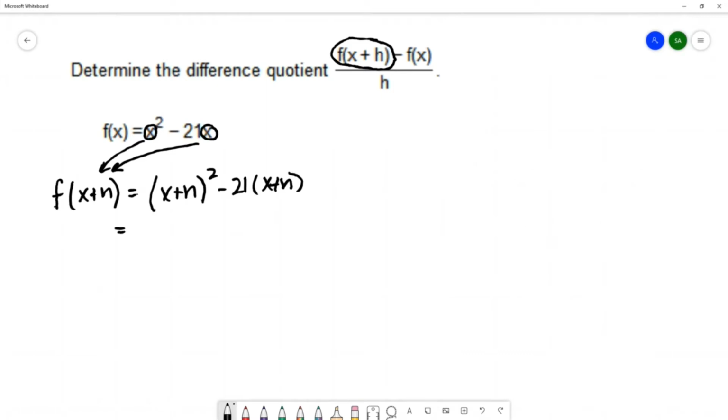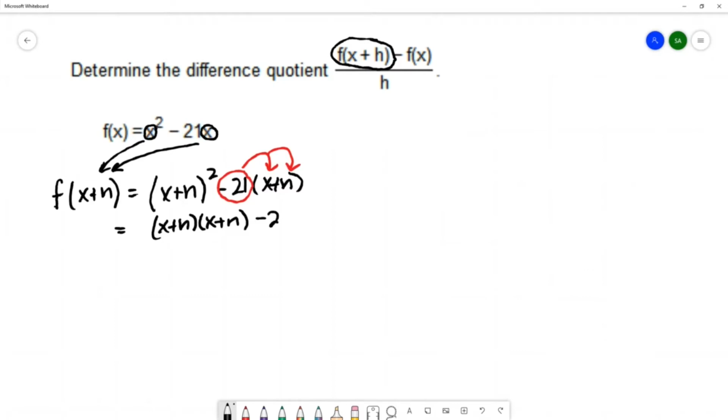Now there's some simplification that we can do with this expression. I'm going to go ahead and do it now rather than waiting until later. So x plus h squared means x plus h times x plus h. And with the second term, we can use the distributive property and distribute the negative 21 to both of those terms.